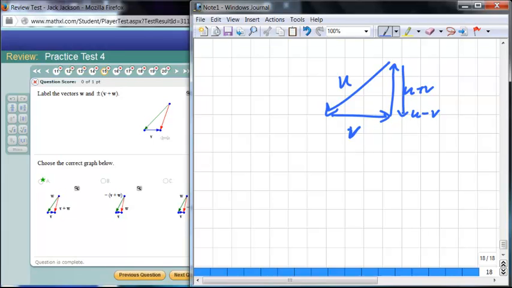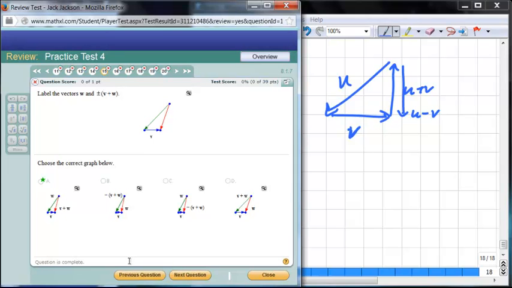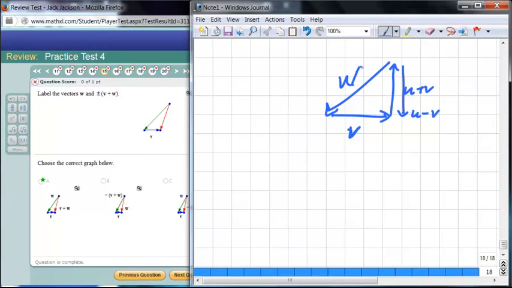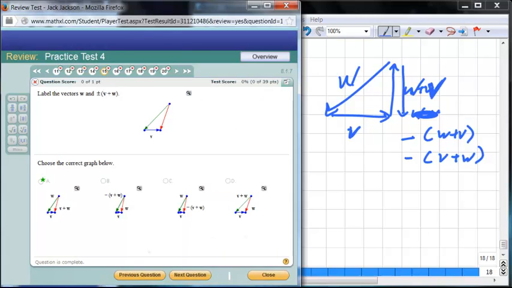So the red one could be U minus V, or W instead of U. So W minus U, sorry, the opposite of W plus V, or V plus W. Okay, so let's see which one of those would work.